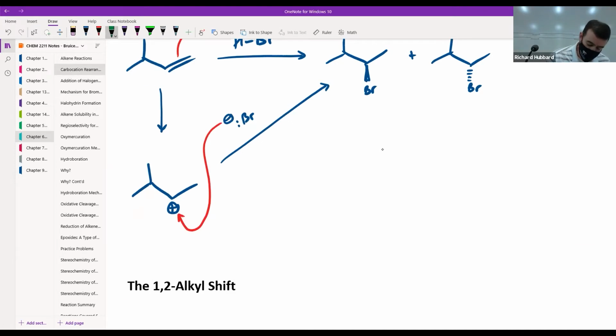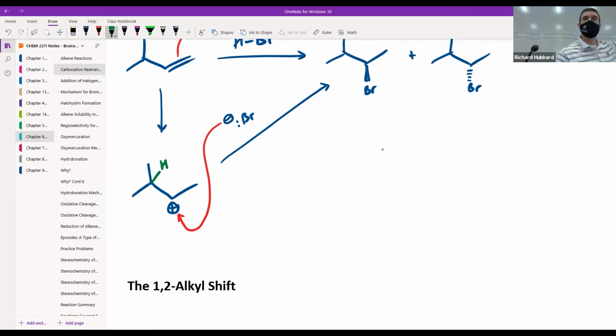So if I look to an adjacent carbon, I could look to the right, I could look to the left. But what's happening is we're moving a hydrogen, which is going to result in the formation of a carbocation on the carbon that was holding that hydrogen. So if I look to the right, that's just going to give me a primary carbocation. We already avoided that in our initial protonation. So that's not going to happen.